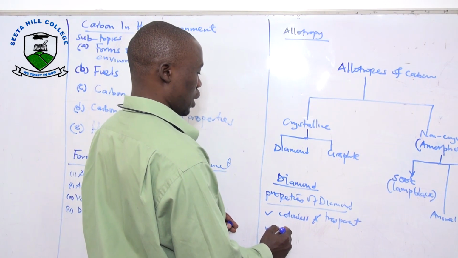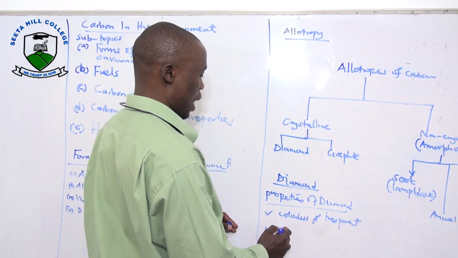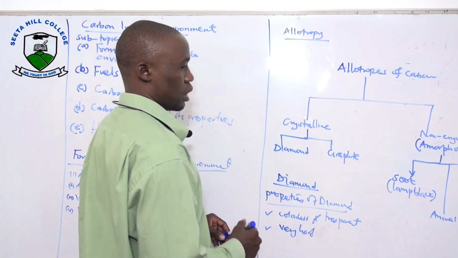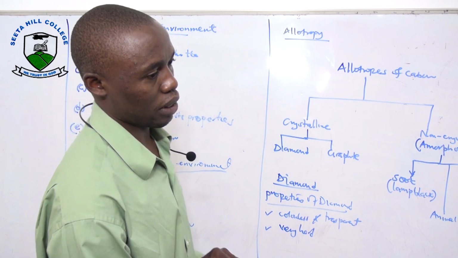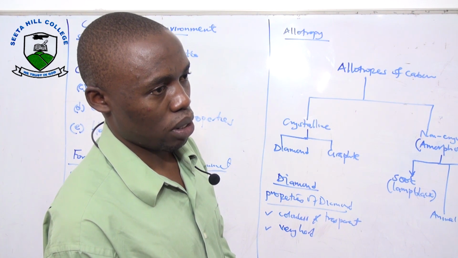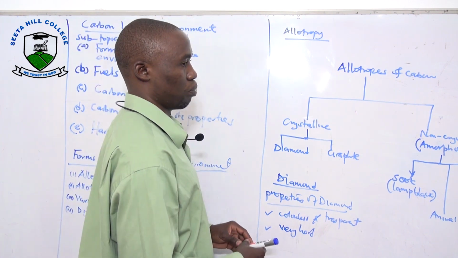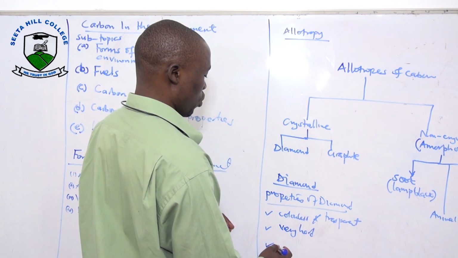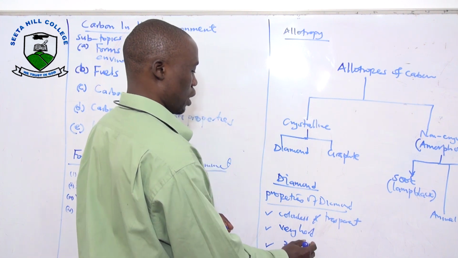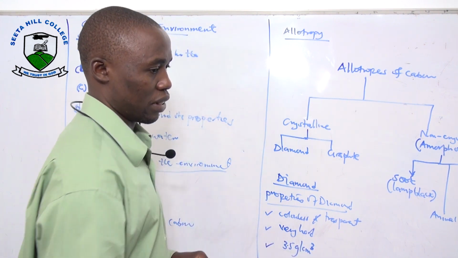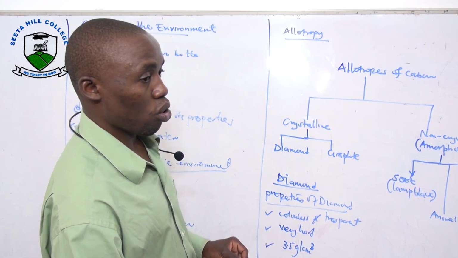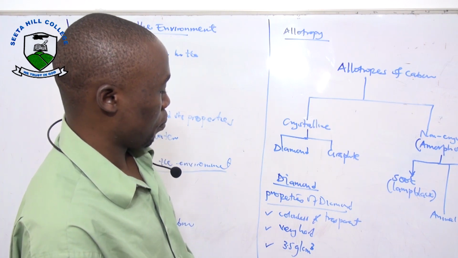So it is very hard, in fact the hardest substance in addition to enamel. It is very dense, with a density of 3.5 grams per cubic centimeter. These ones I'm going to ask you to Google and we see.